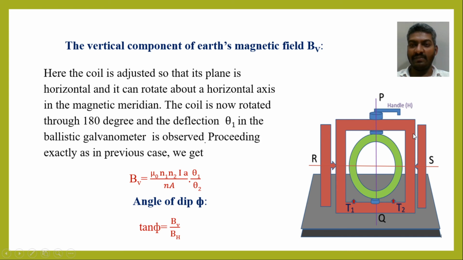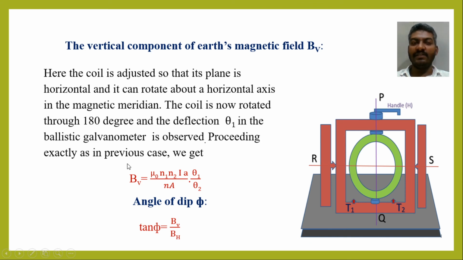Now this frame is rotated rapidly through 180 degrees. When it is rotated, the galvanometer in the external circuit shows deflection. That deflection is theta 1.